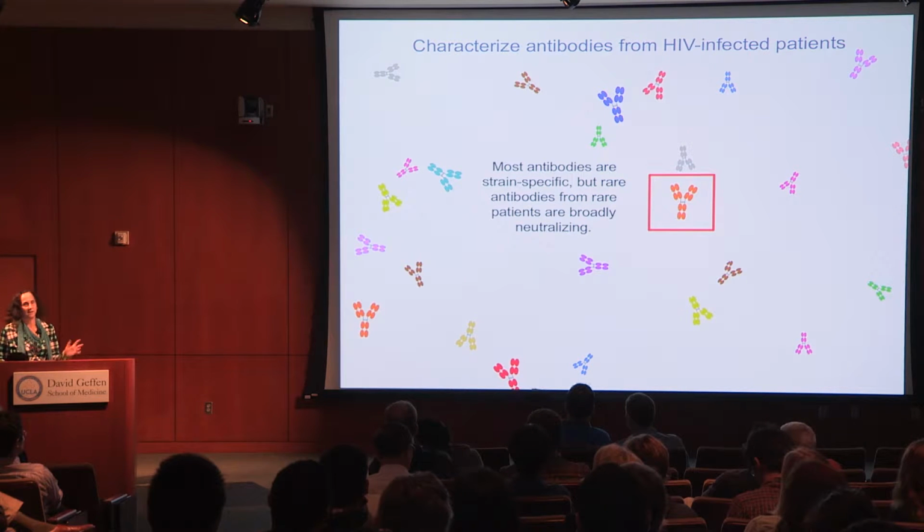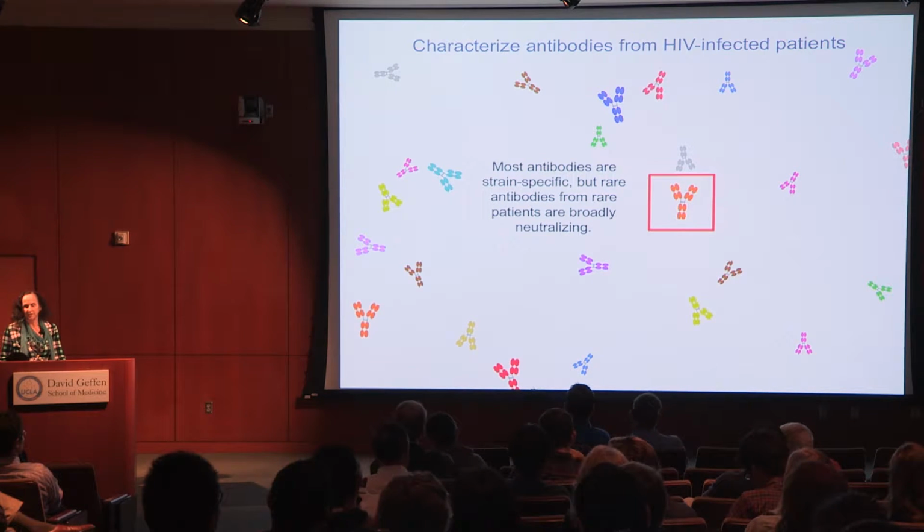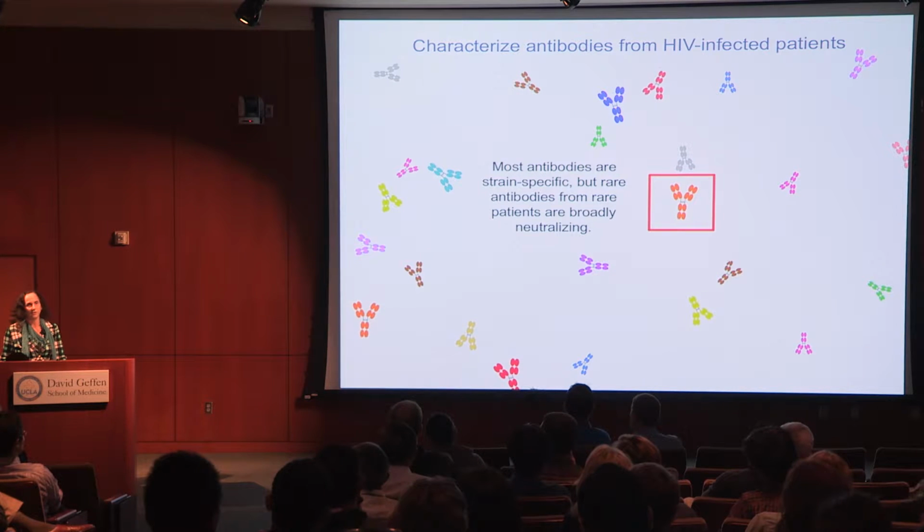By that, I mean that they neutralize, let's say, more than 50% of the strains that you might test in the laboratory. To give you an idea of how many strains there are, I suppose no one really knows, but there are more strains of HIV in a single infected person than there are strains of influenza virus in the entire world.